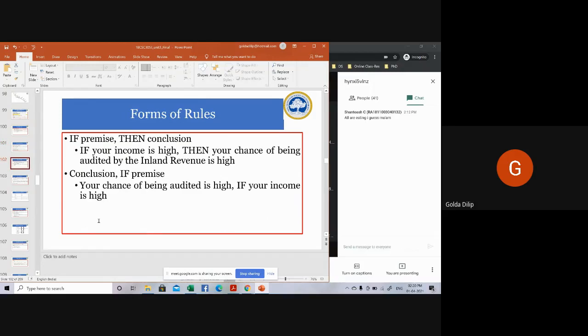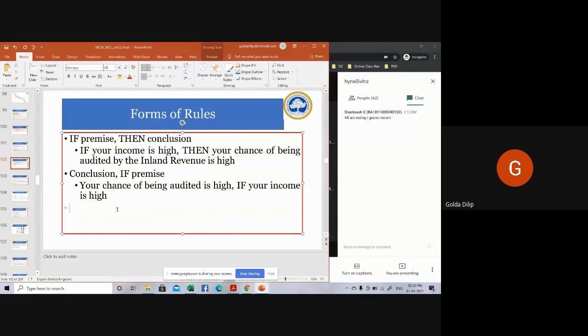When you say form of rules, it is: if premise, then conclusion. For example, if your income is high, then your chance of being audited by the inland revenue is high. That is, if your income is high, then the chance of being caught by the income tax department is also high. So your chance of being audited is high if your income is high.